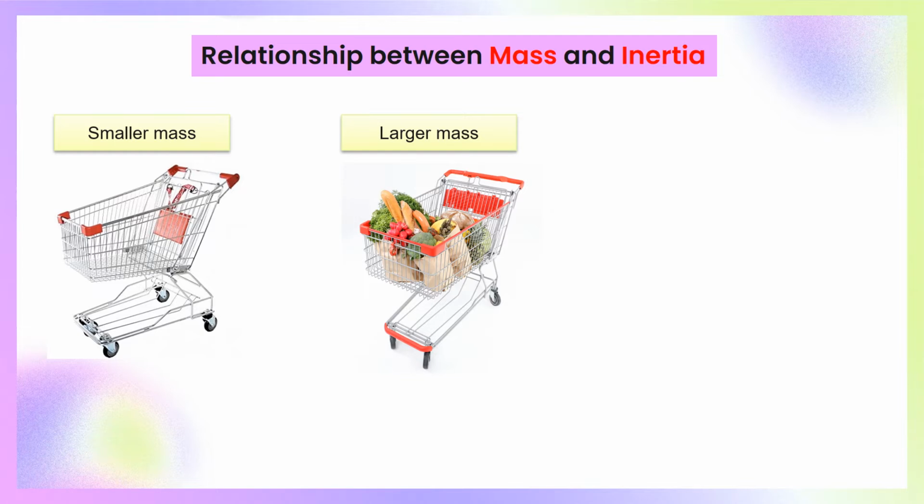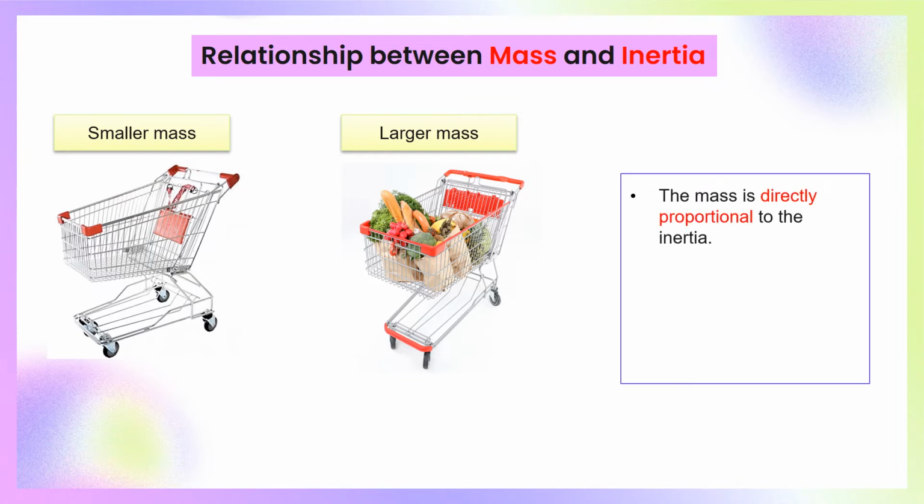It is because the empty trolley with smaller mass is easier to set in motion or stop from moving as compared to a bigger mass. So, what is the relationship between the mass and the inertia? The answer is the mass is directly proportional to the inertia.